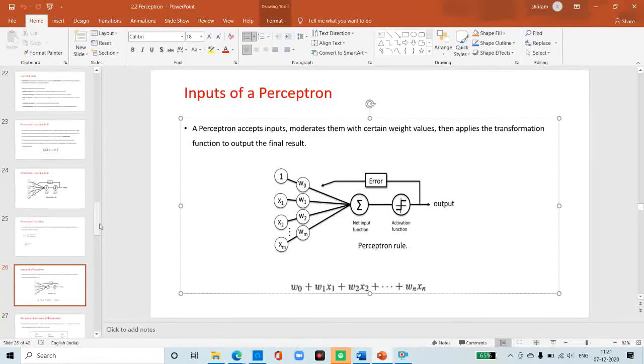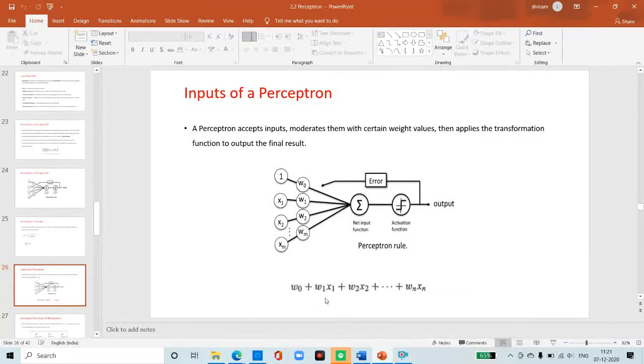The summation function multiplies all the inputs x by their weight values and then adds them as follows. Here we added one bias, that is w0 times 1.